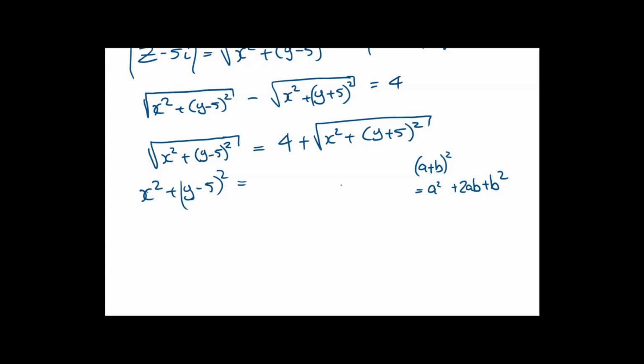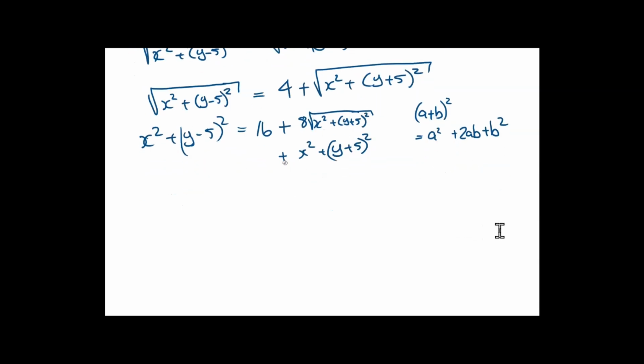So a squared, a is 4, so that's going to be 16, plus 2 times 4, which is 8, times this thing, plus x squared plus y plus 5 squared. So you might be asking why did we do that? Well, we did that because we can simplify things a lot now and then deal with this thing a bit later by squaring in the end. So let's see.